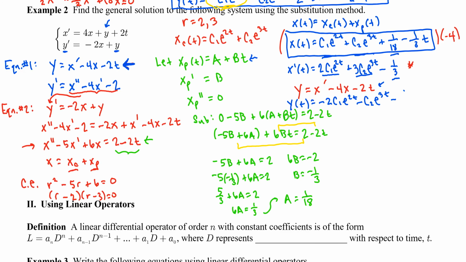That gives me negative 5/9. And then there on the end, we have x prime. Remember, we're subtracting 4 times x. So this is going to be plus 4/3 t. Probably should have put my constant term there on the end, but that's okay. So that is the solution to our linear system.